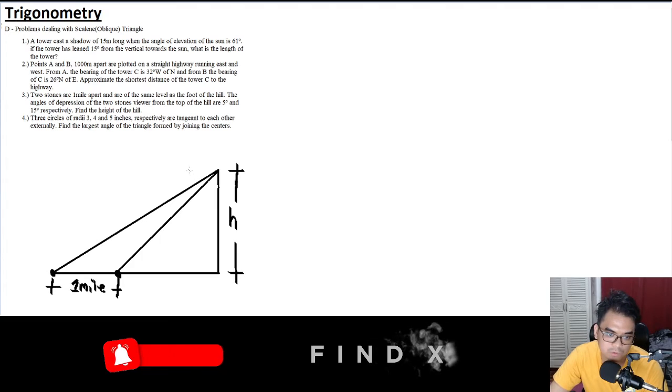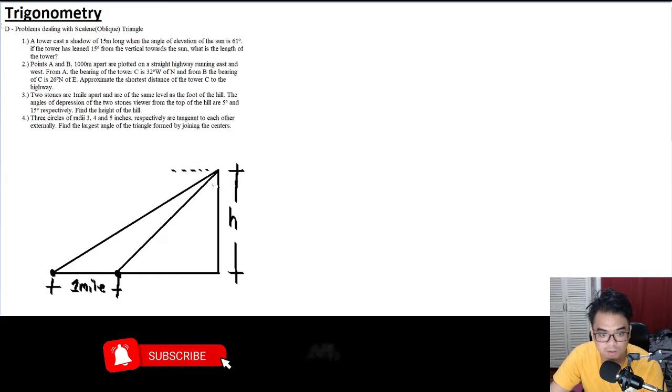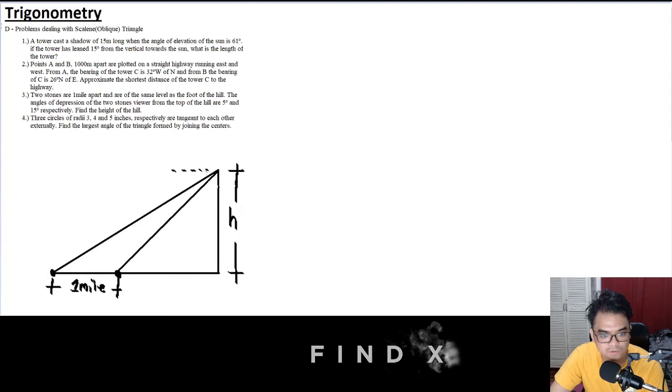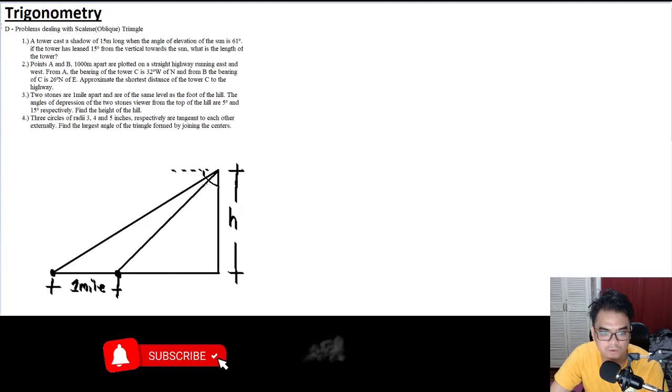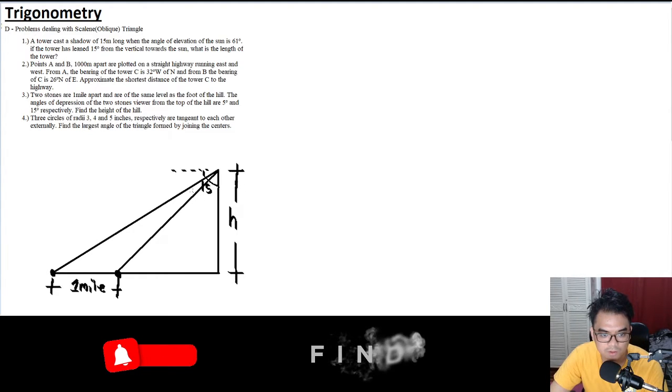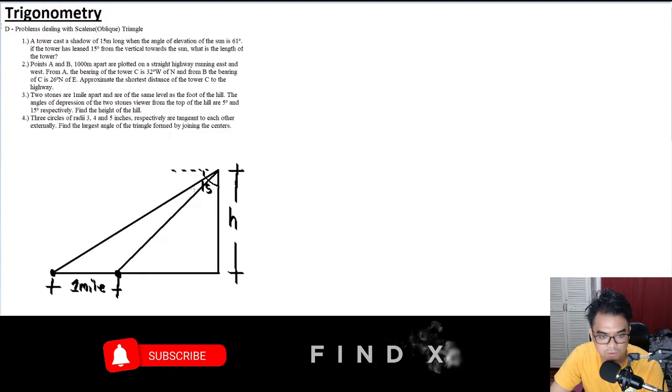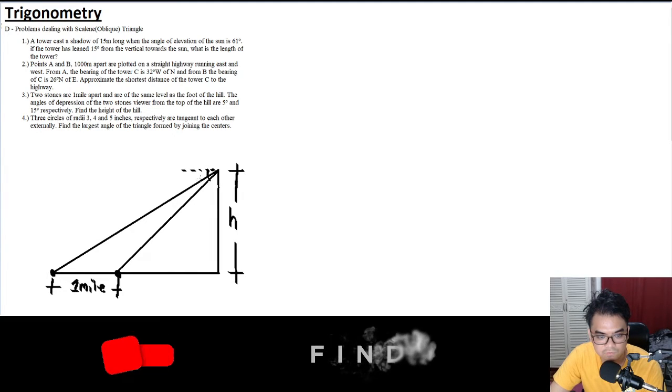I am quite confused how to write these, but we got a line here, and that is 15 degrees. So it should be here. So this is 15, and this is only 5.